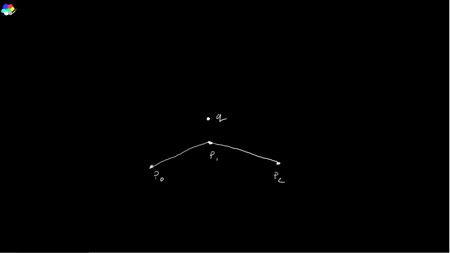Let's see if I can get a dark gray. Yeah, that's a good one. This is dark gray. Believe it. We want to find a point Q on the outside perimeter of our wall.